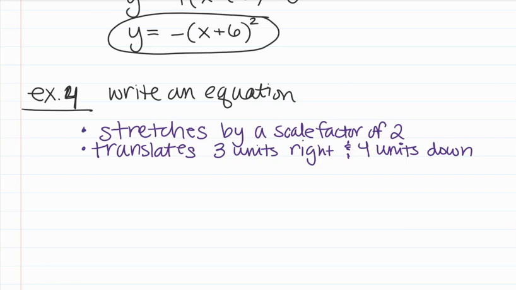So we know if it stretches, that means that the absolute value of a is bigger than 1, and it's 2. So that tells me that a equals 2. Translates 3 units right means that h equals 3. 4 units down means that k equals negative 4.